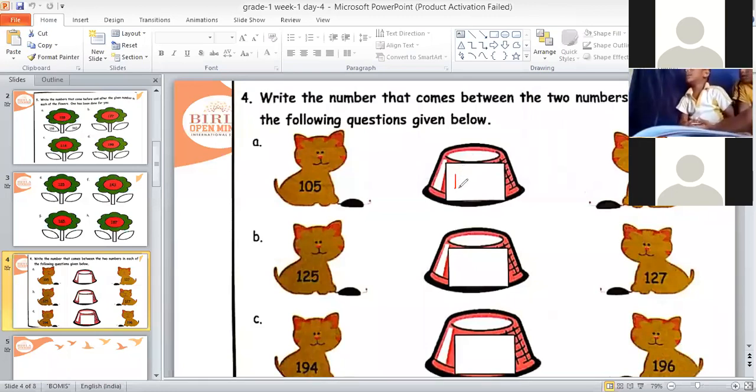Just after 105 comes 106. So here you will write 106. Okay, so what will come between 105 and 107? Just look for the number which comes just after this 105. So 106 comes just after 105. Okay, so you can write here.